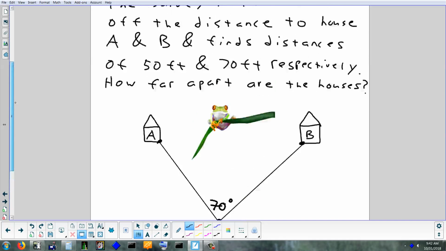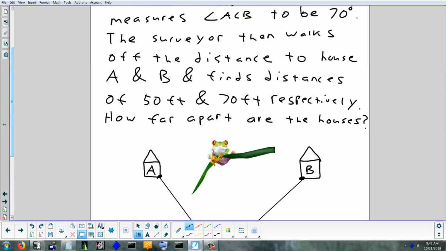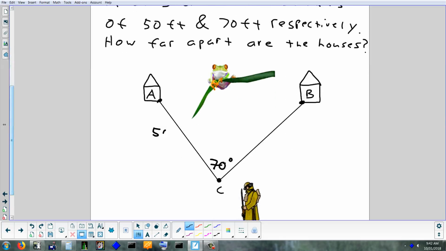Next thing we know is the surveyor measures the distance to houses A and B, and the distance is 50 and 70 feet respectively. So 50 feet to house A, 70 feet to house B. And the question is how far apart are the houses? So let's just call this X.